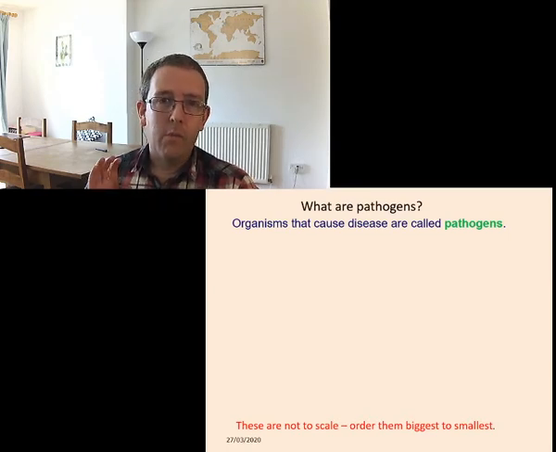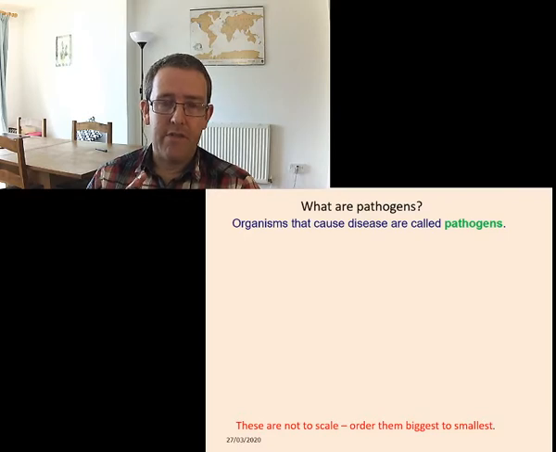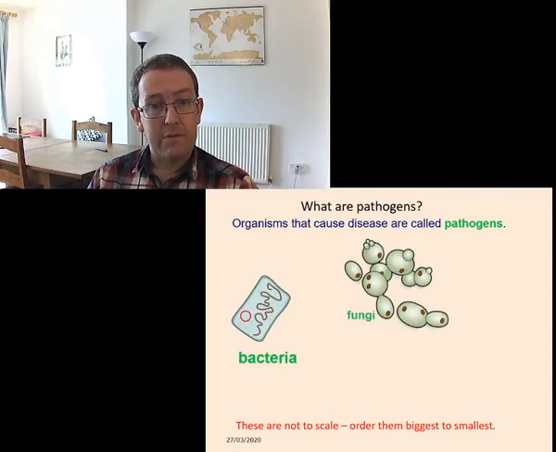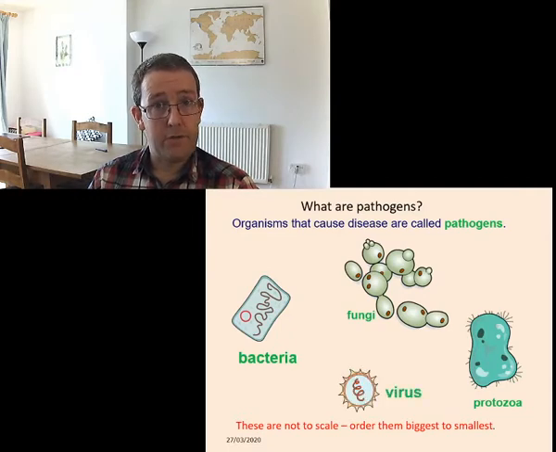So, when we say pathogens, what we mean is any microorganism generally that can cause disease. Okay? So the main ones that you're talking about for GCSE purposes are your bacteria, your fungi, and your protozoa, and your viruses, of course. Now, just because all pathogens are these types of microorganisms for GCSE purposes does not mean all microorganisms are pathogens.